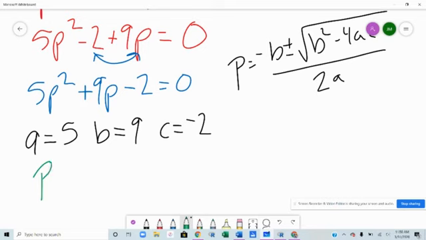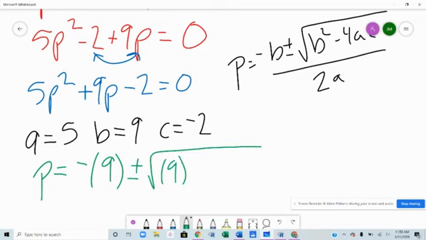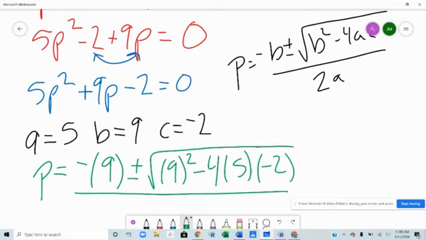So we have P equals negative, and then our B value is 9, plus or minus the square root. Put your B value inside parentheses and then square it, so 9 in parentheses squared, minus 4 times your A value times your C value, all divided by 2 times your A value.